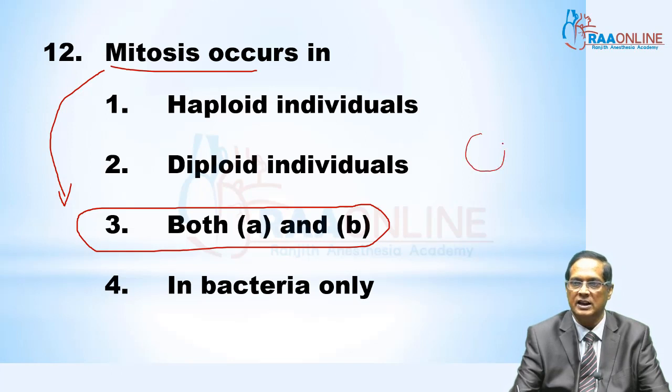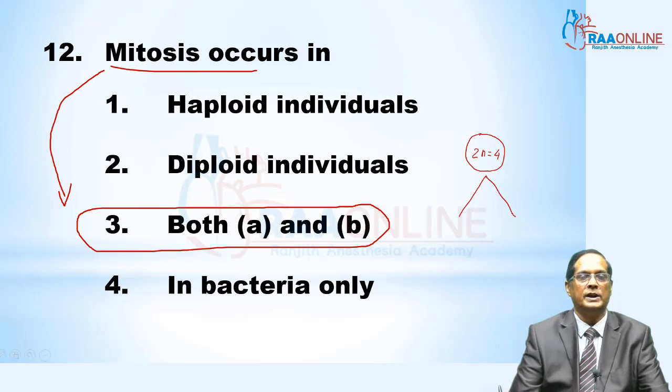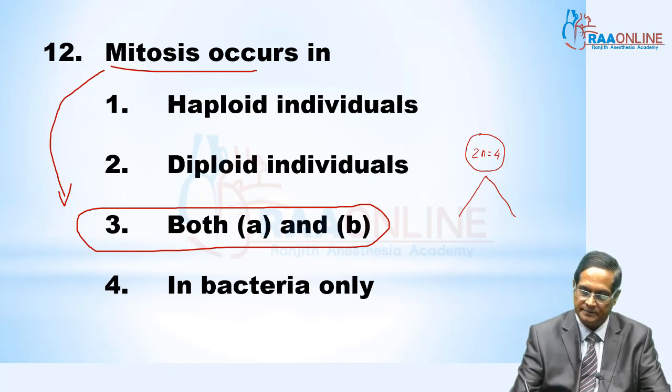Suppose this is a cell and it has 2n equal to 4 chromosomes. In mitosis, the cell divides once and the genome duplicates once.